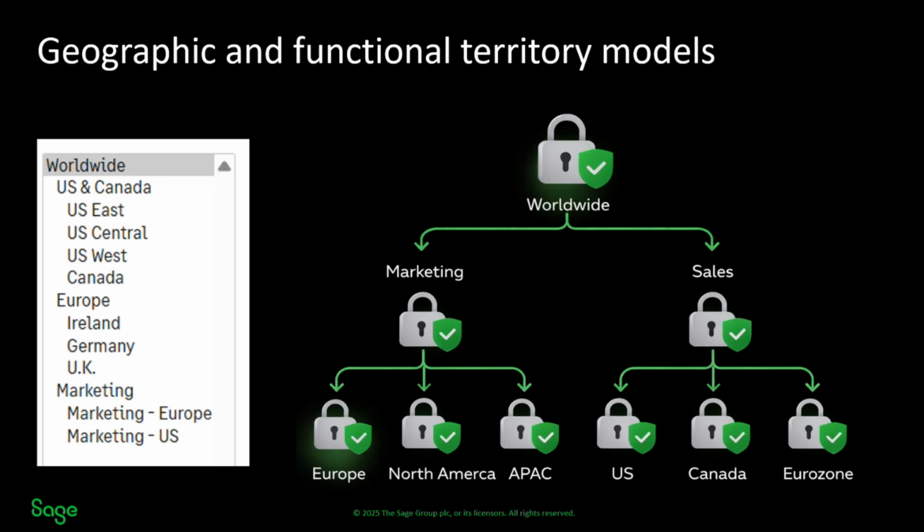But at the same level of the geographical division, you also have a functional division for marketing, which has itself a hybrid, marketing Europe and marketing US. So it can be quite interesting in the design of your needs for territorial understanding of data.